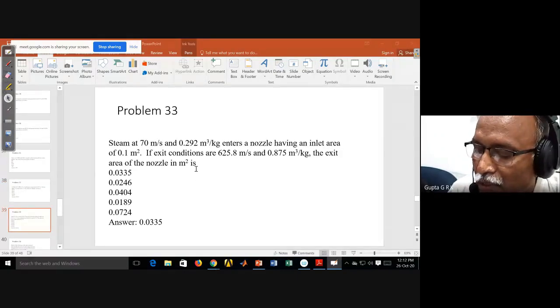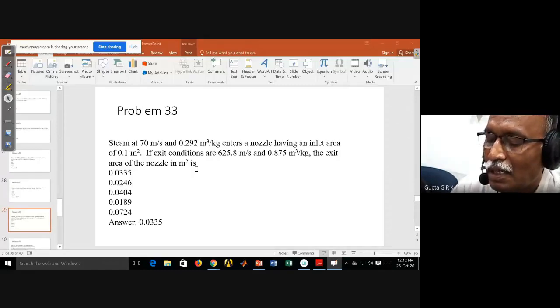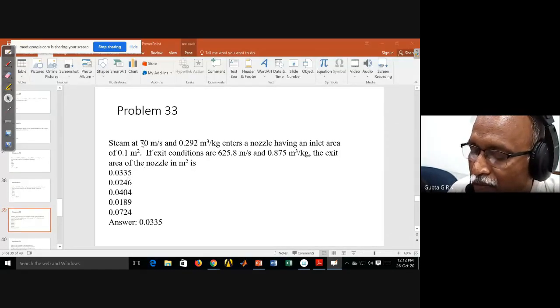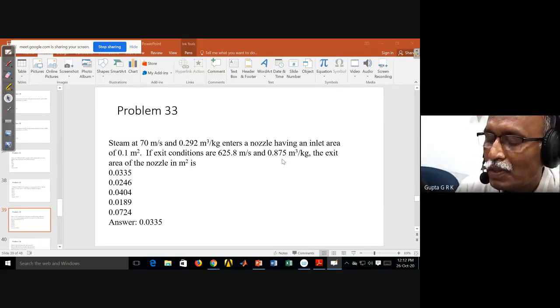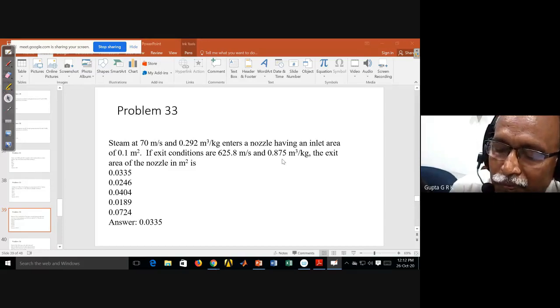And question 33, steam at 70 meter per second. Your specific volume, velocity and area are given at the inlet. At the exit, you are given the velocity and the specific volume, and you are asked to find the area. We have to use the continuity equation.